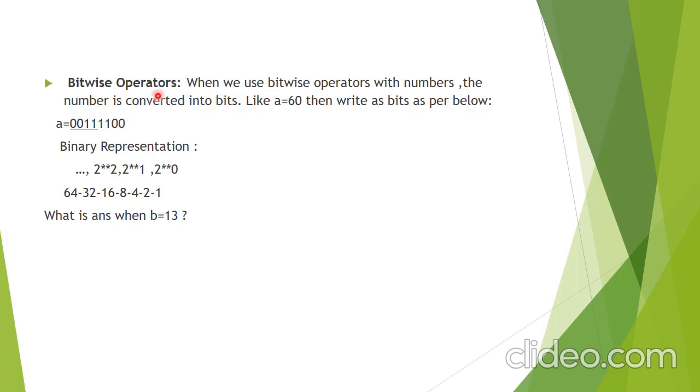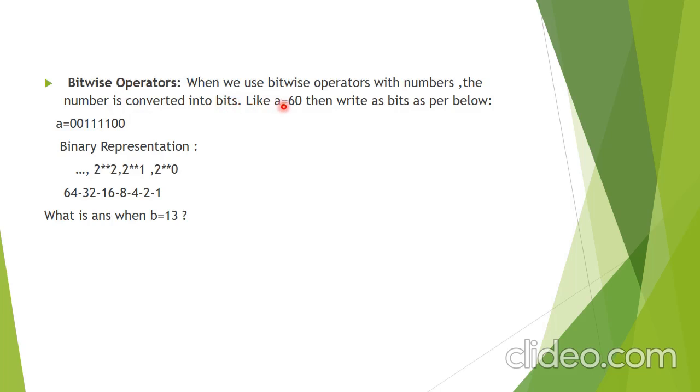Next, a very important topic: the bitwise operator. It is quite interesting. When we use a bitwise operator with numbers, the number is converted into bits, that is, 1 and 0.